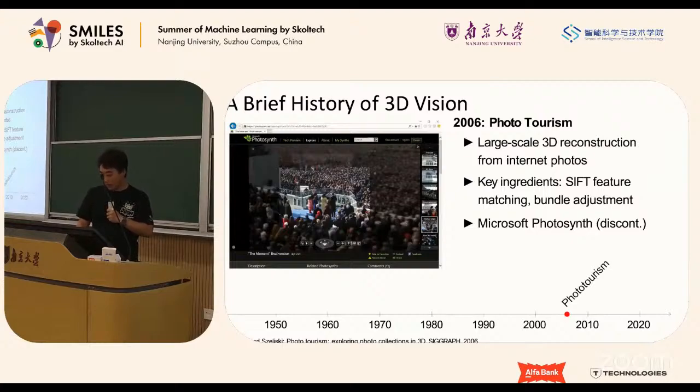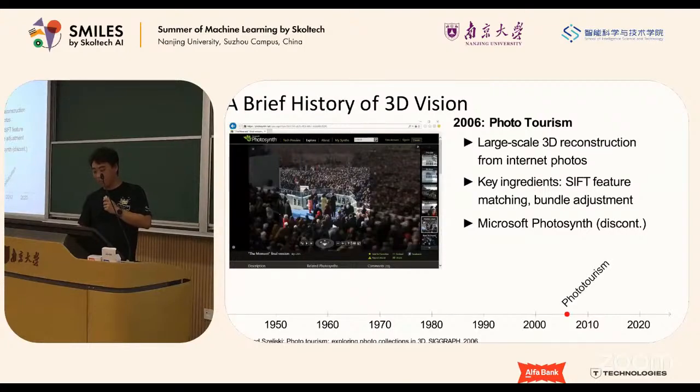In 2006, the photo tourism idea became popular. With the emergence of phones and digital cameras, people wanted to create a 3D world from internet photos, like the quite initial idea of Google Maps.